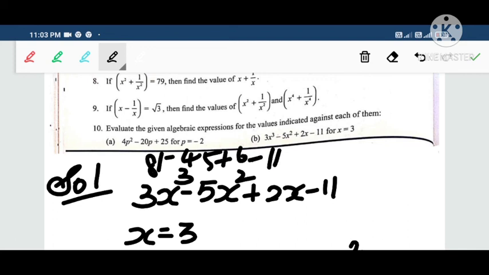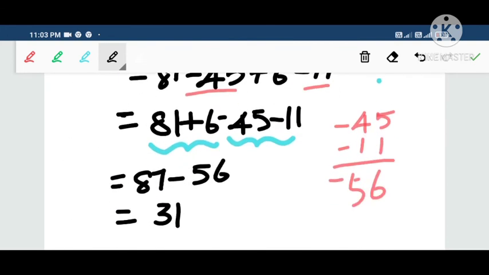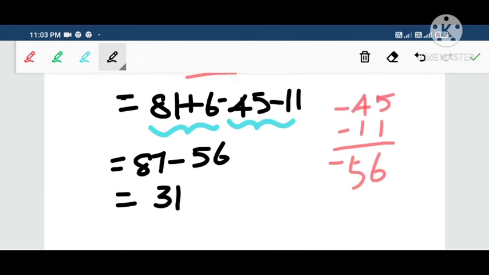Going from the front, 81 minus 45 is 36. 36 plus 6 is 42. 42 minus 11, finally I get 31. So here I got the same value.